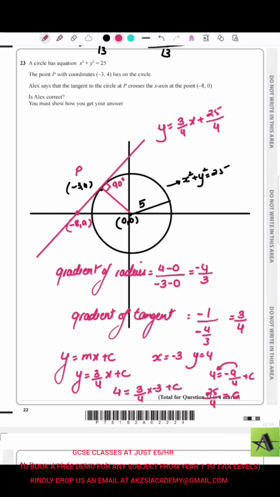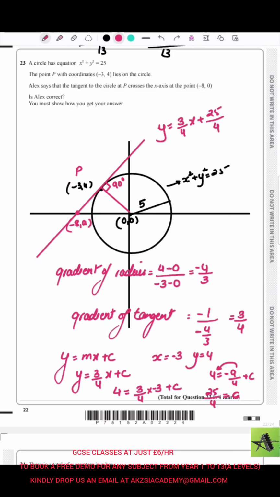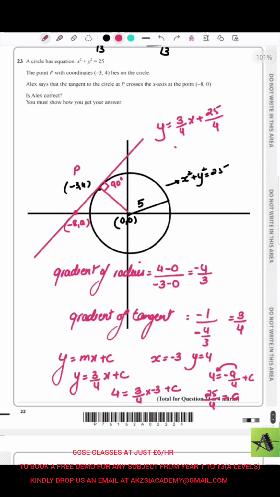I want to know where this will pass. When this straight line passes through the x-axis, y will be 0, obviously. So I need to plug in the value of y as 0. Just like I have plugged in the value of -3, 4, because these are points that are on the straight line, similarly, let's say a, 0 lies on this line.